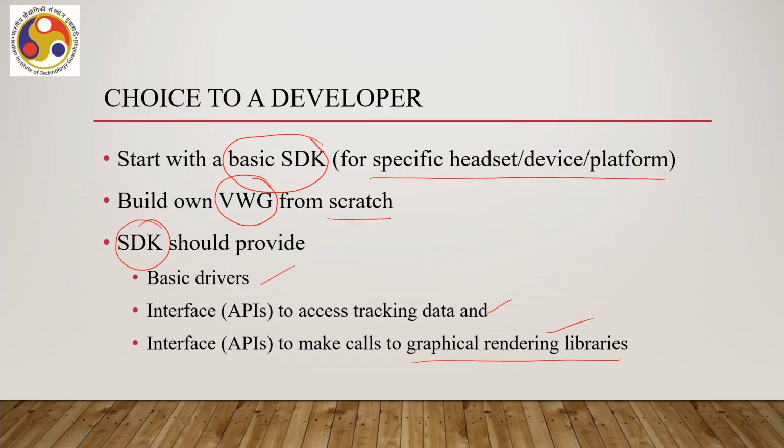For example, locomotion, partly it is taken care of by tracking, but not every aspect of locomotion or matched motion is taken care of only by tracking. Then there are concerns related to physics, related to network experience. Those are not typically taken care of by SDKs.